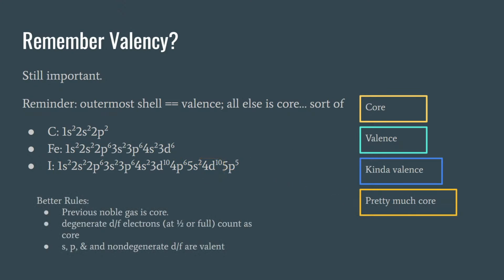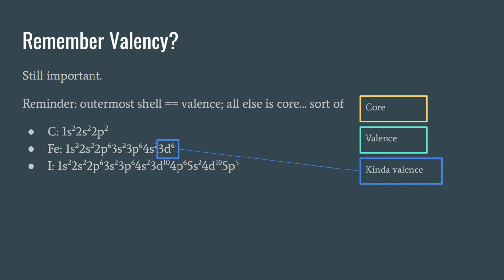Degenerate d electrons or f electrons count as core. They're honorary core. You don't abbreviate them as the previous noble gas because they're not part of the previous noble gas, but they still count as pretty much core because of degeneracy. When I say degenerate, I mean a half full or completely full d or f sublevel.